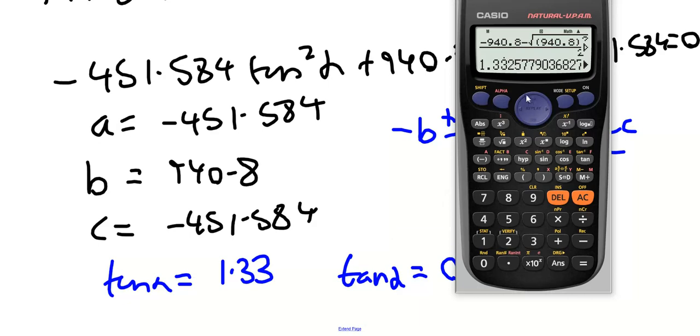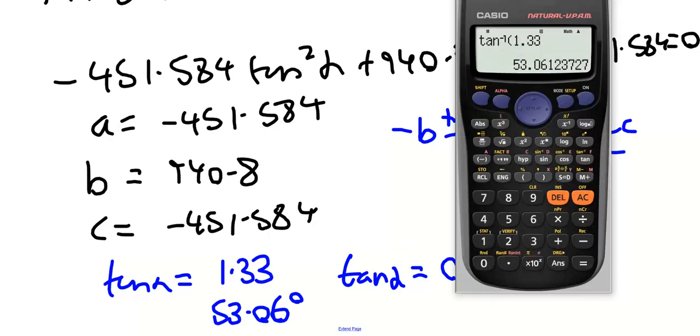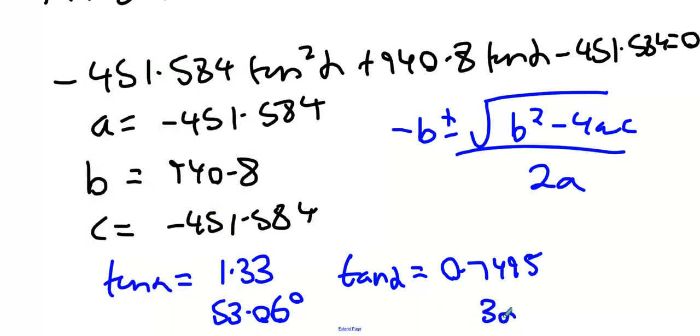Then we tan inverse, shift, tan inverse 1.33. And we get 53.06 degrees, which is pretty close to what we got previously. And then the other one, shift, tan inverse 0.7495. And we got 36.85 degrees. And we are done.